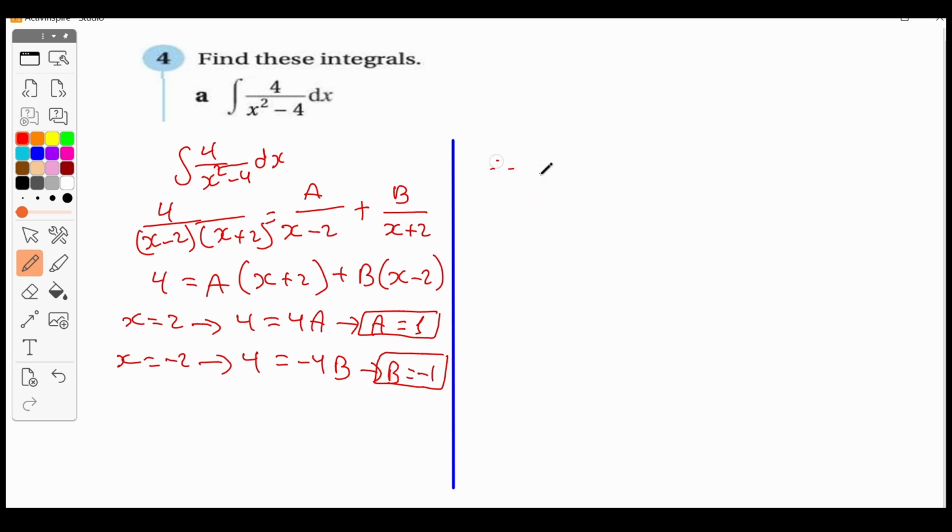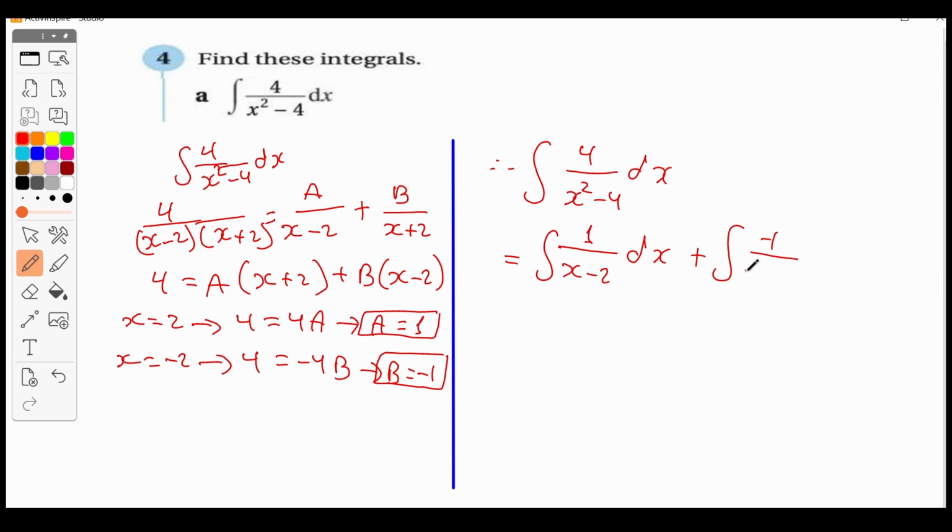So therefore the integral of the given quantity 4 over x squared minus 4 dx will be split into two integrals. 1 is the value of a, 1 over x minus 2 dx plus the integral of b is negative 1, meaning negative 1 over x plus 2 dx.